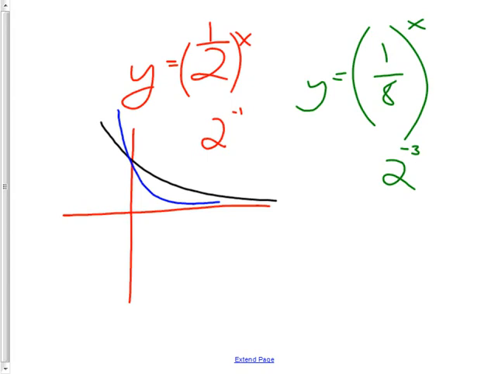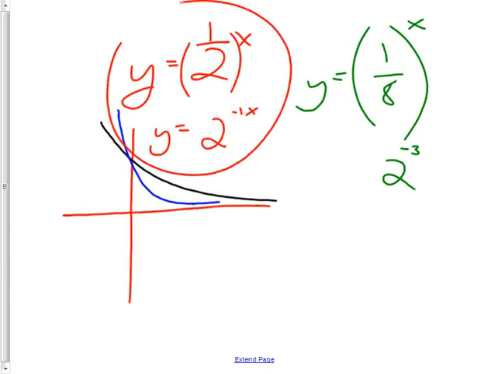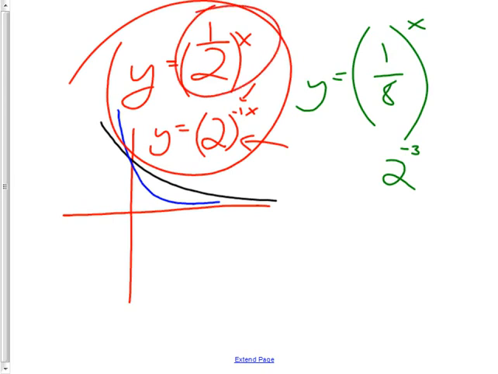So if you see this graph, y equals 2 to the negative x running around, do you get that that's the exact same thing? These are the same thing as each other. At first when you look at this, you might think it's growth. But the negative turns it back into 1/2 to the x, and then it's really decay.